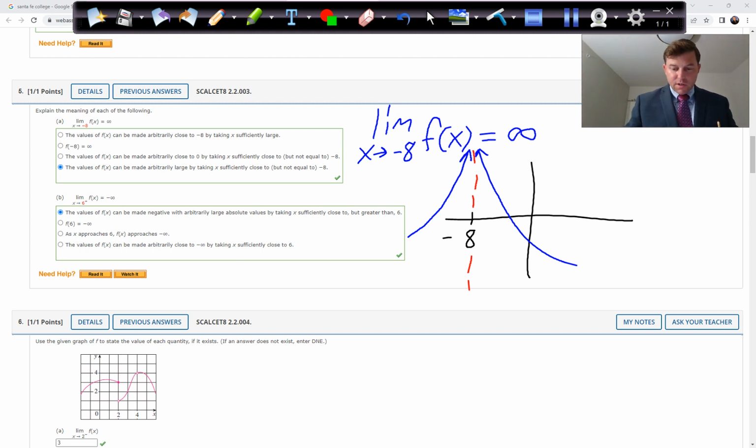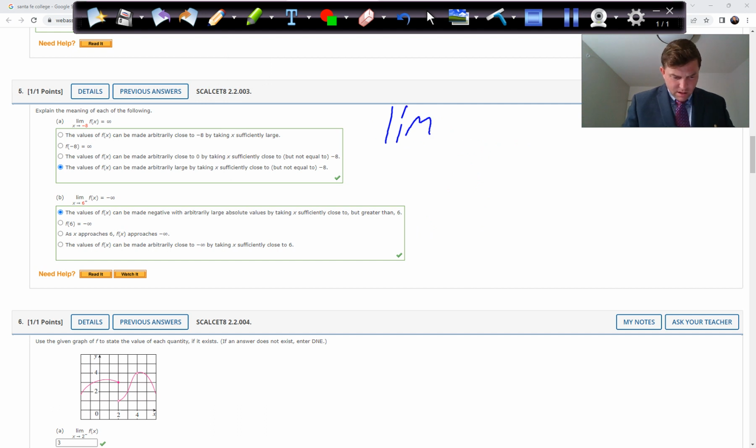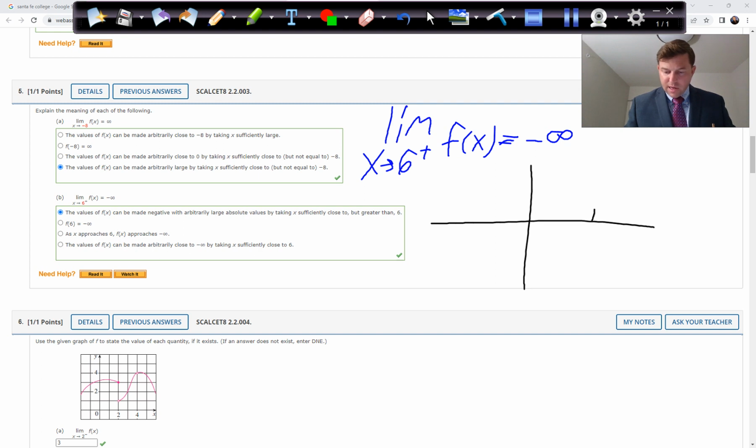Okay, now in the next one, we have negative infinity. So the limit says the limit as x approaches 6 from the right side of the function equals negative infinity. Okay, so how does that look? Well, we're approaching positive 6 from the right, and the function itself is going to go down towards negative infinity.